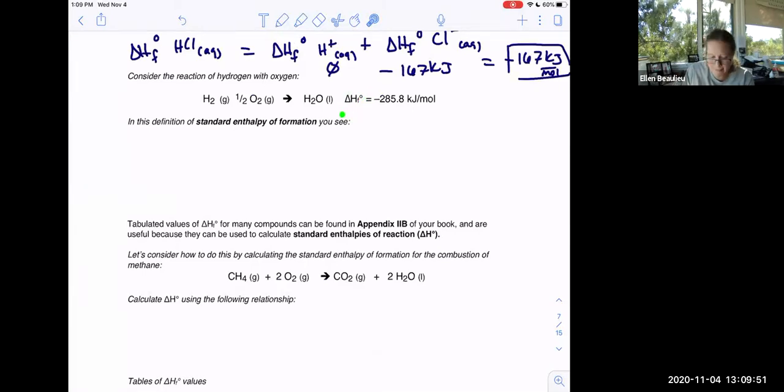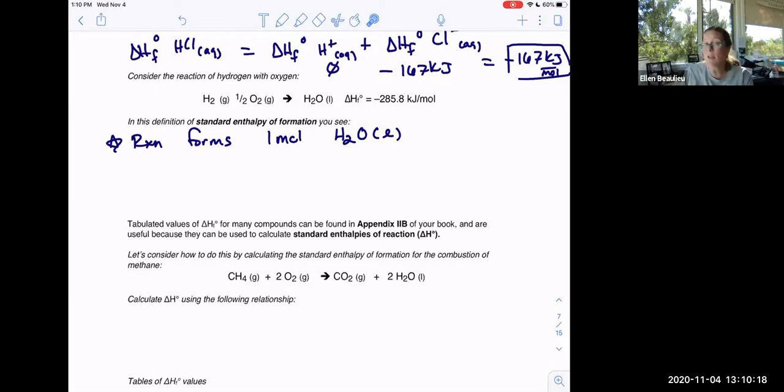Let's unpack this definition. This reaction forms 1 mole of the species H2O that's a liquid. Everybody see that? My product of this reaction is 1 mole, which is why you get some funky coefficients on the reactant side.